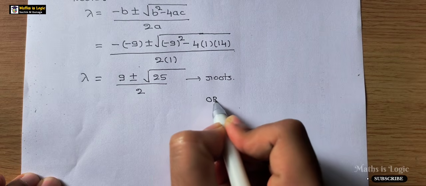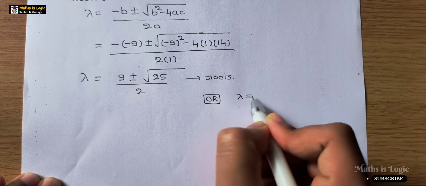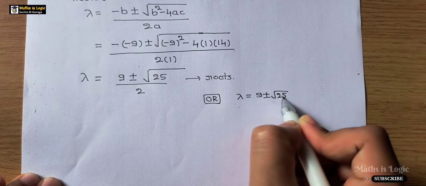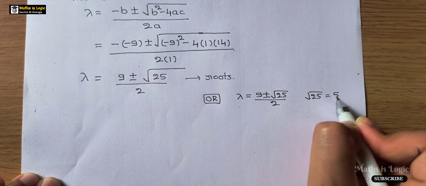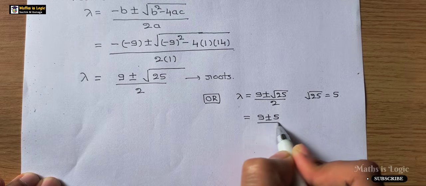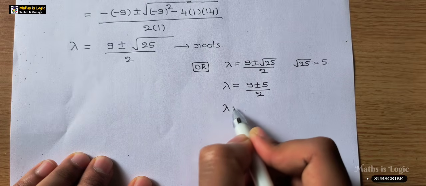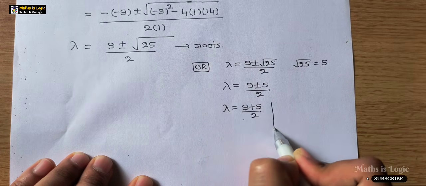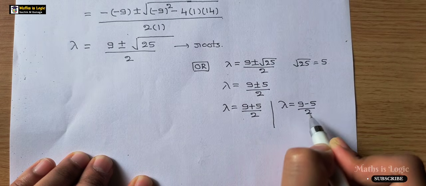Further, if you want to do the simplification, lambda is equal to 9 plus or minus root 25, divided by 2. We know root 25 is nothing but 5. So it is 9 plus or minus 5, divided by 2. Therefore, lambda is equal to: the first value is 9 plus 5 divided by 2, and the second value is 9 minus 5 divided by 2.